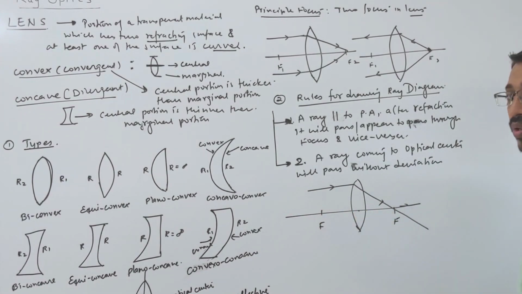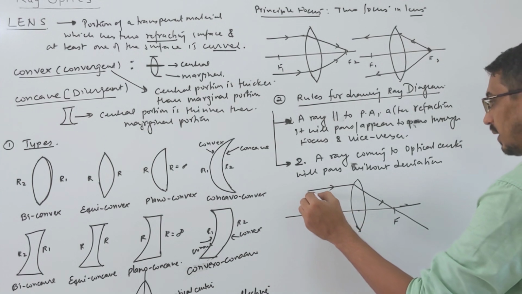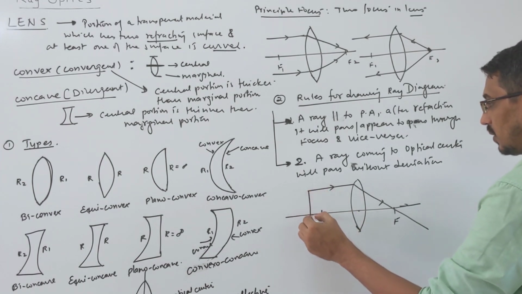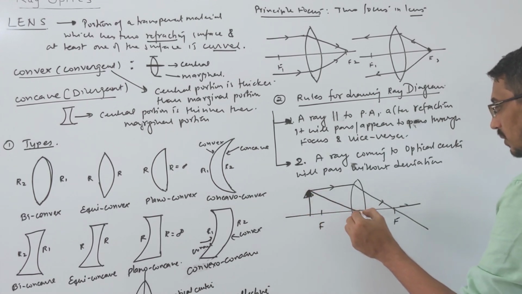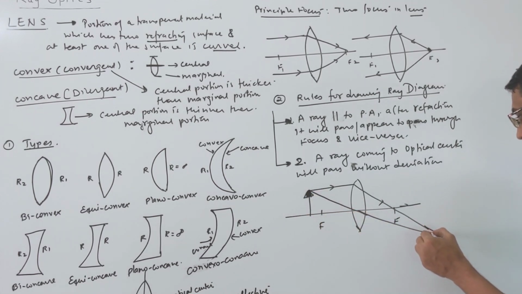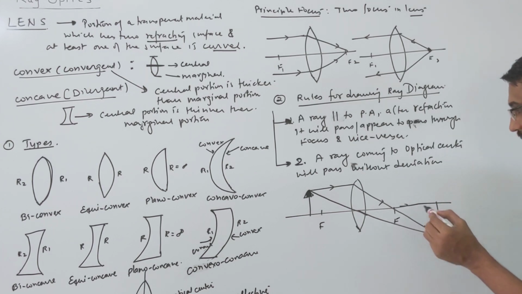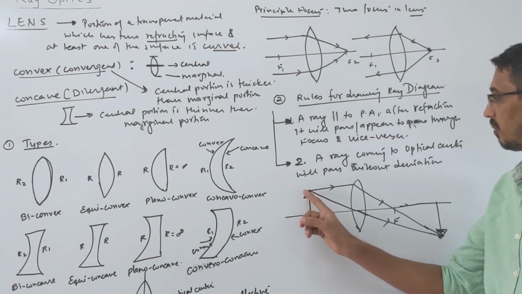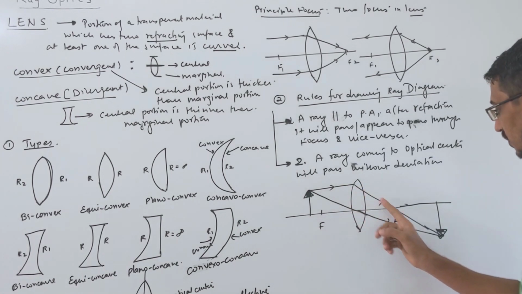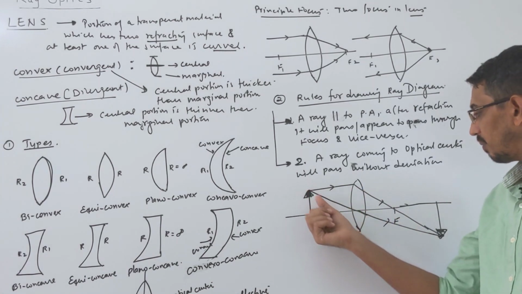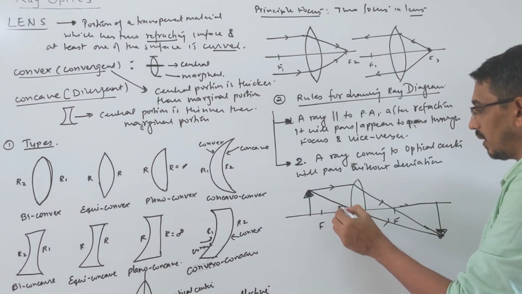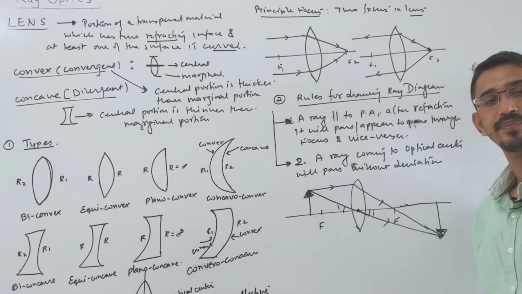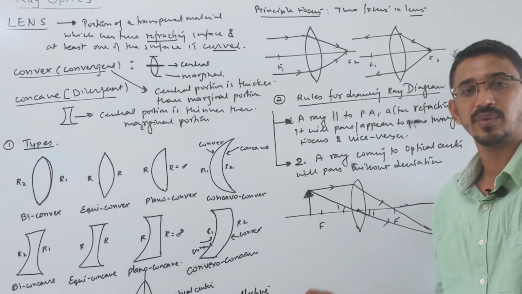If some ray is coming like that way, suppose this is your object placed here, a ray passing through this point will pass straight and meet somewhere here. So this will be your image on the other side. A ray coming parallel, after refraction, passes through the focus. A ray passing through the optical center will go straight. This angle and this angle will be the same. The rule is actually the same.